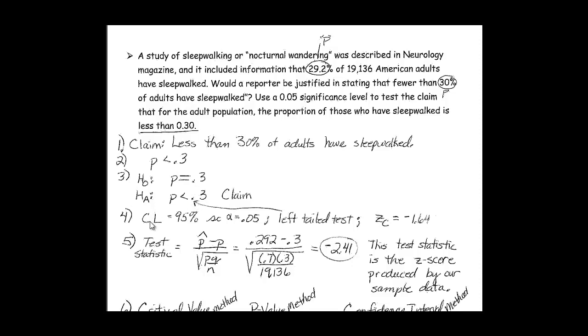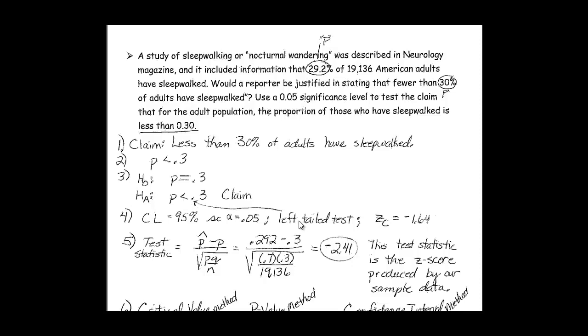The next thing you need to take note of is that our confidence level is 95%. That is a complement to the significance level, which was given to us as 0.05, so that's really repeating basic information. I'm making note that this is a left-tailed test, and I got that because our alternative is less than 0.3.